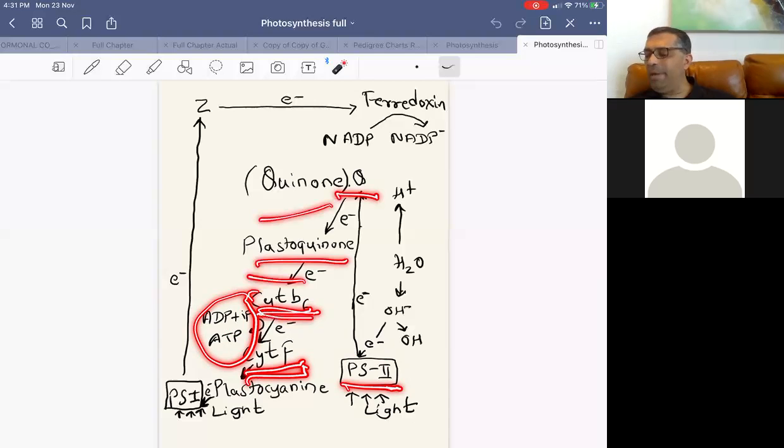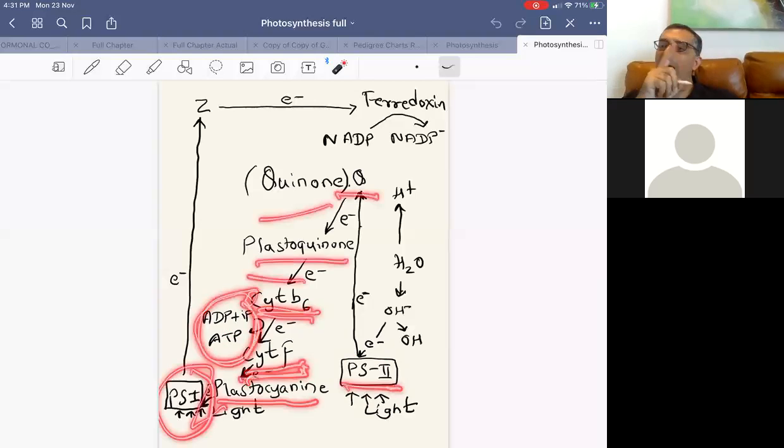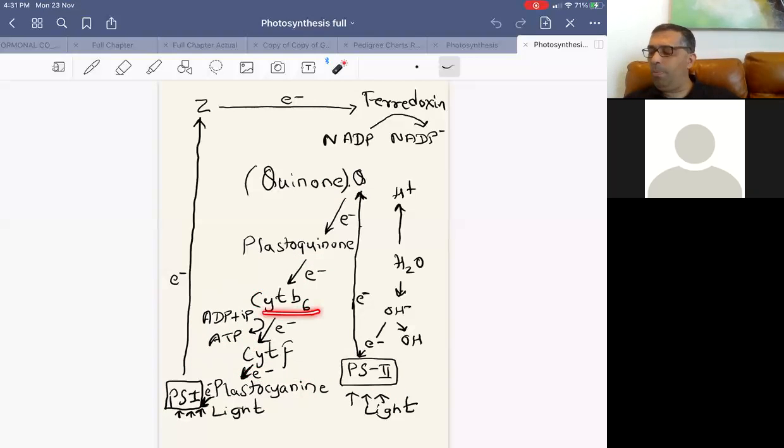But from cytochrome B6 to cytochrome F, 7.3 kilocalorie liberate होता है और एक ATP बनता है and it goes to plastocyanine and back to PS1. So one ATP is formed between cytochrome B6 and cytochrome F. So there is ATP. And NADP minus is with electron with a lot of energy. And this was one non-cyclic process.